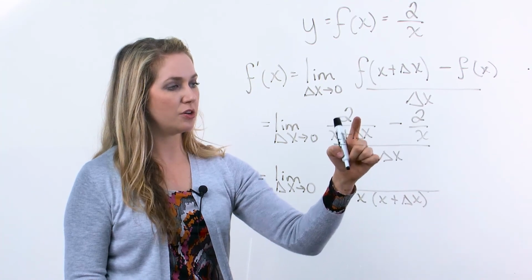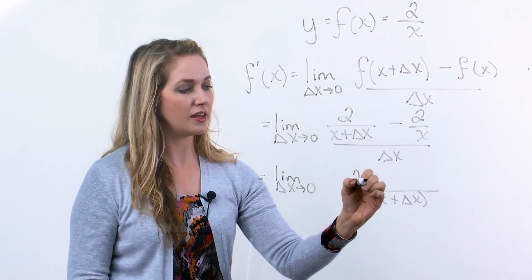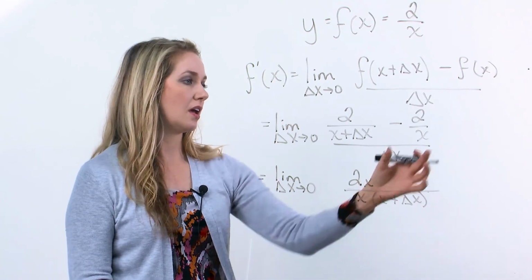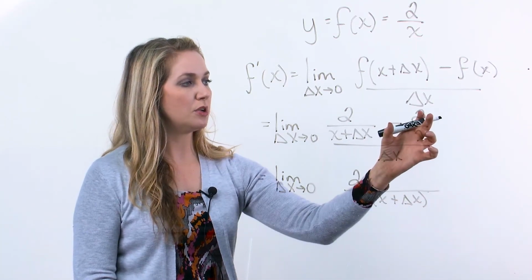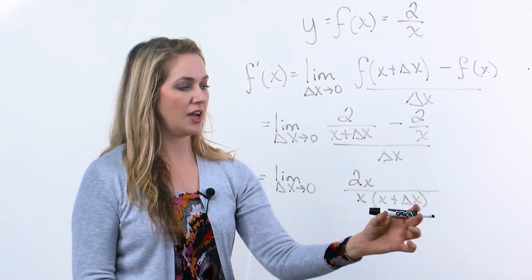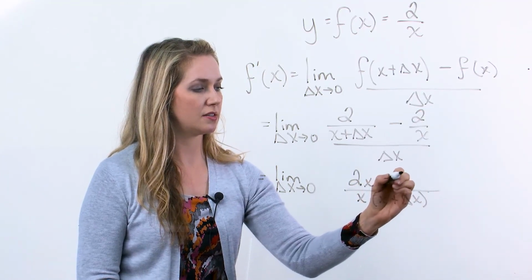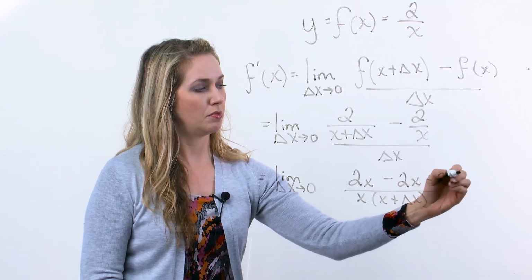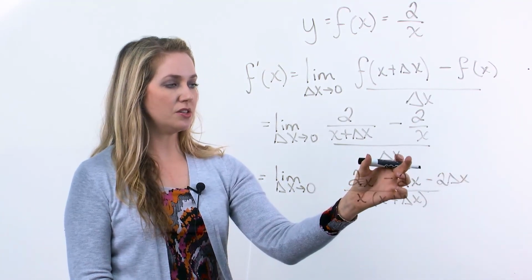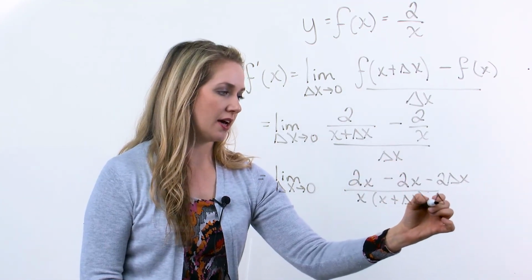So we're going to multiply the numerator and the denominator by the x. And then this denominator is missing the x plus delta x. So I'm going to multiply this negative 2 times the x plus delta x. I am also still dividing by this delta x.